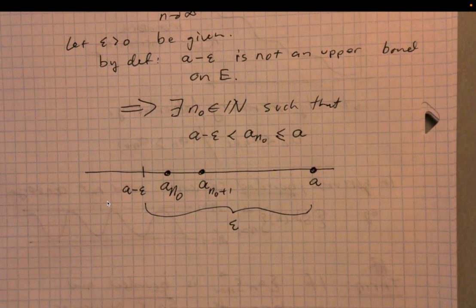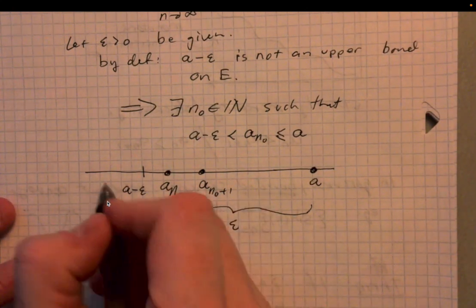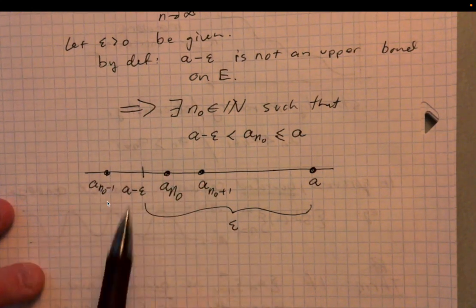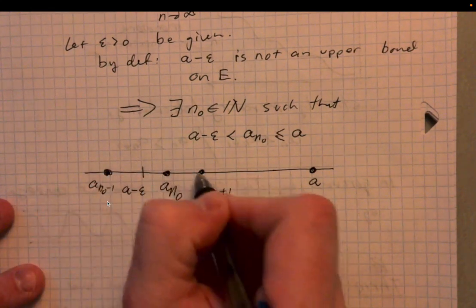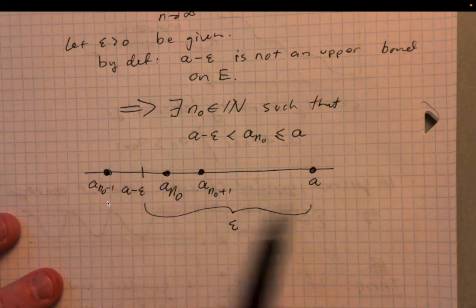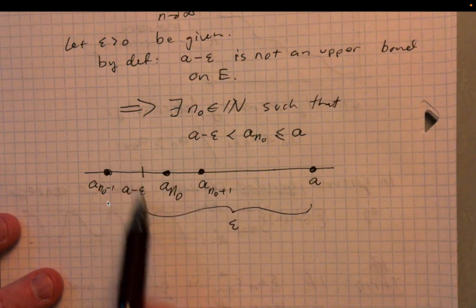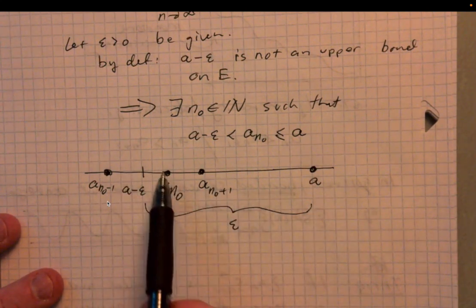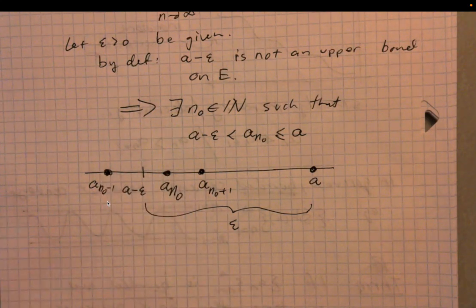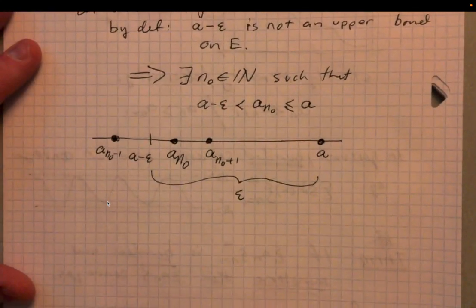And then you would have further below that maybe your a sub n naught minus 1, right? So these are the terms in the sequence that I've drawn with a dot. And all we've said is, hey, give me an epsilon greater than 0, and once you give me that, I can find an n naught such that A minus epsilon is between successive terms of the sequence. Okay. All right. So that's the idea so far.